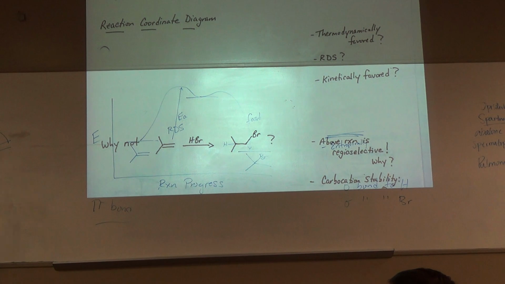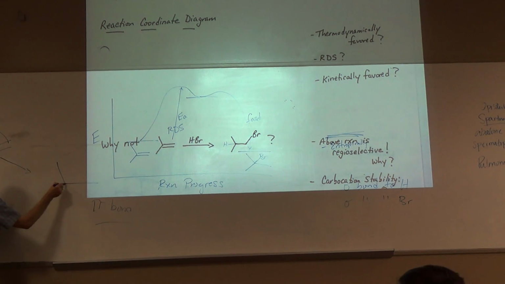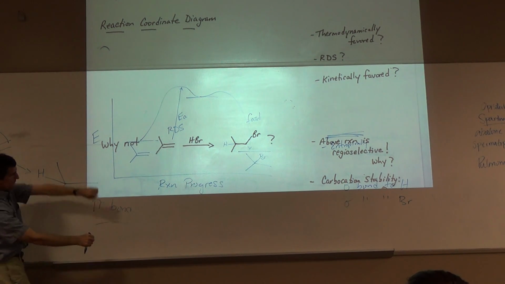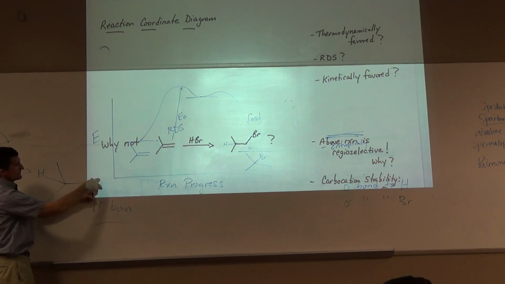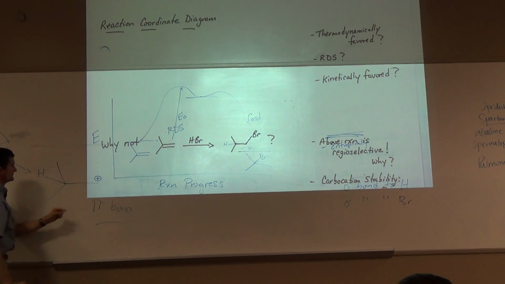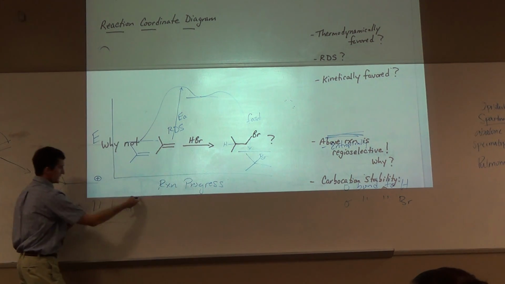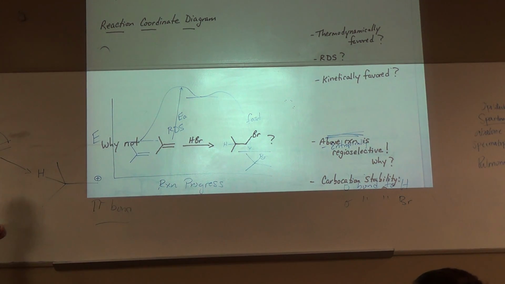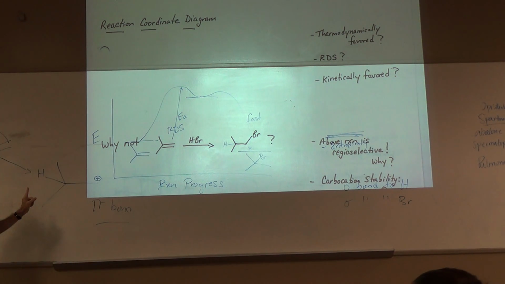And now this is bonded here. It doesn't matter where you put the H. We made a bond to H, leaving this as what? There's only two H's there. There's your carbocation. And then to get this product, Br minus would add there. And we can envision that. Similar mechanism. But why does it not go that way?